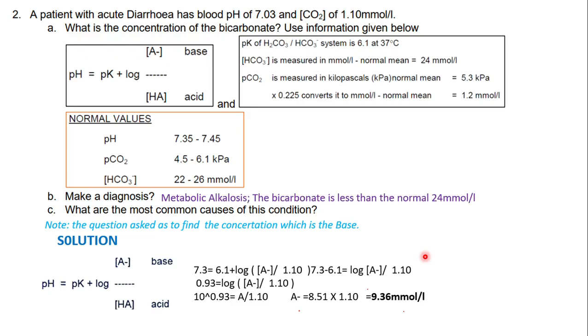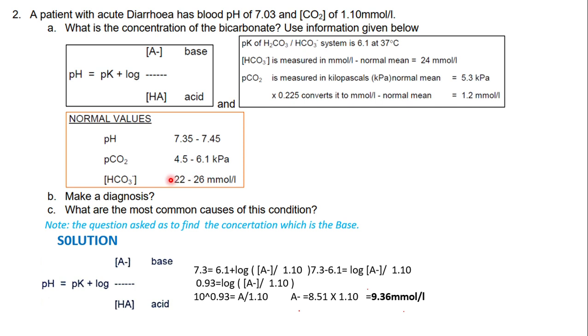So question B. Make a diagnosis if you find this 9.36. So this is bicarbonate, right? So this bicarbonate 9.36. So bicarbonate is where this one, right? That's a bicarbonate. It's 22 to 26.